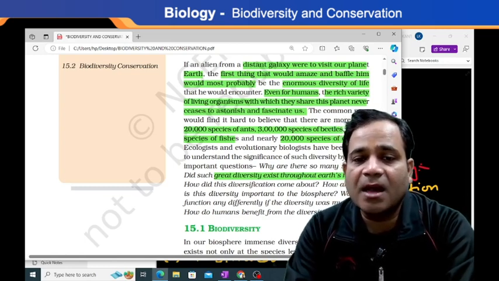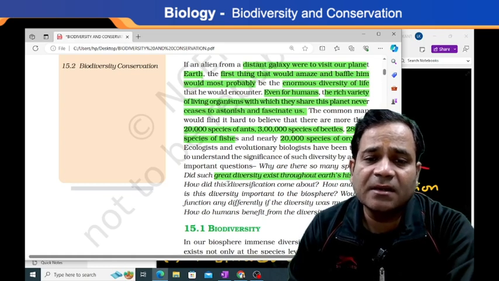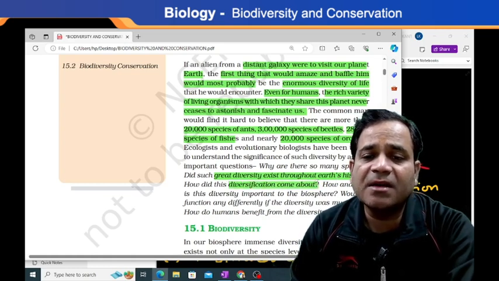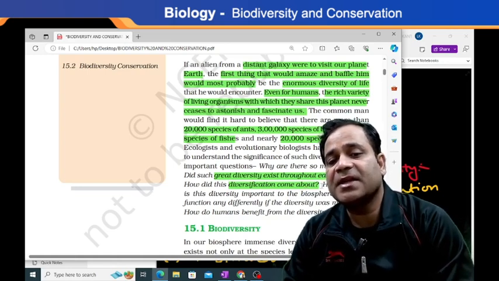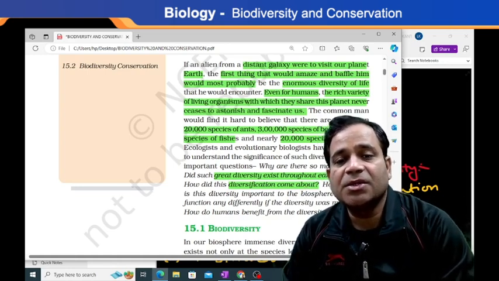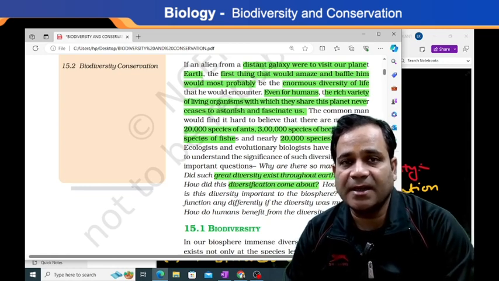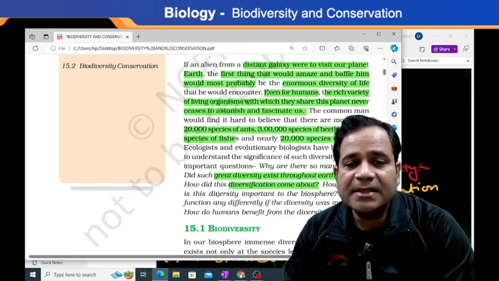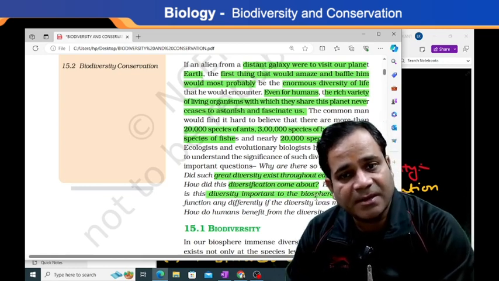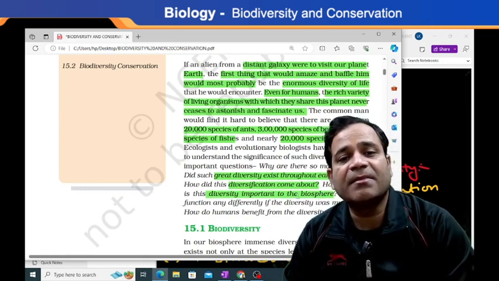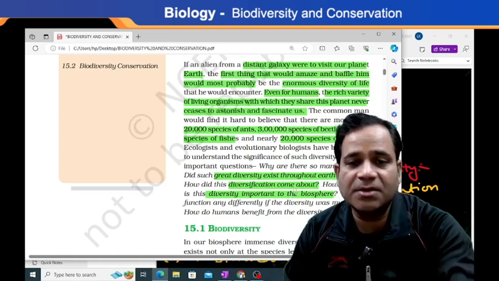How does this diversification come about? This diversification comes about due to sexual reproduction, my dear. How and why is this diversity important to the biosphere? Is biodiversity important?